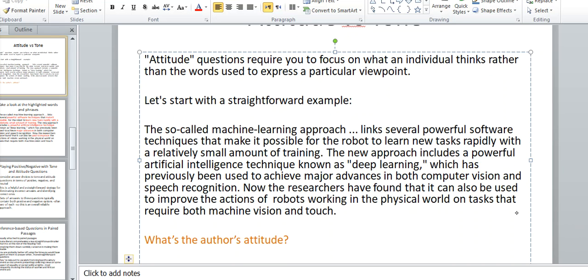So you as a reader, you have to assess, okay, now I know that the robot is actually, or this software is actually powerful. It improves things. It achieves major advances. It learns new tasks rapidly and with relatively small amount of training. So I know that this technology is quite good and beneficial.